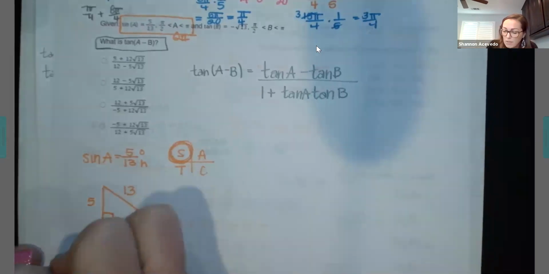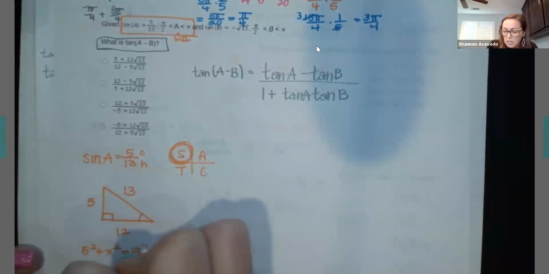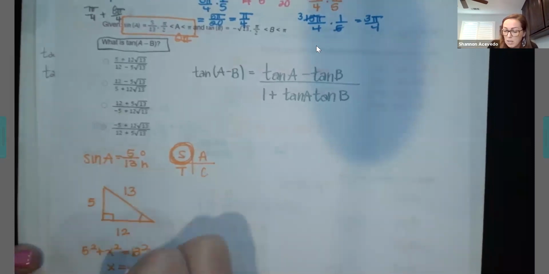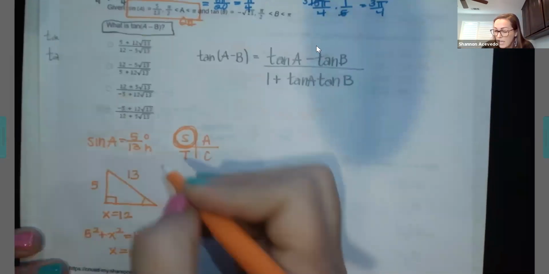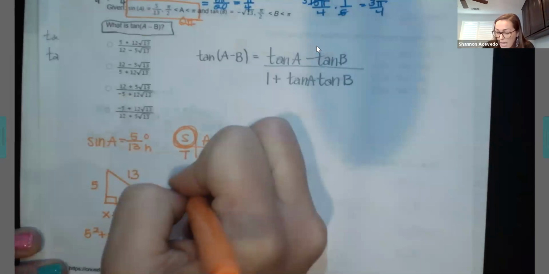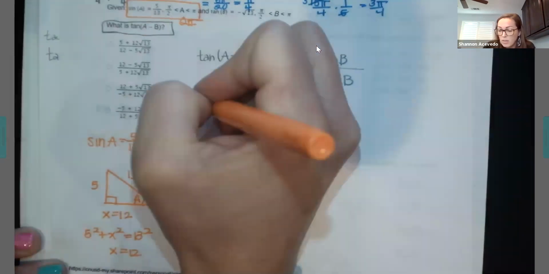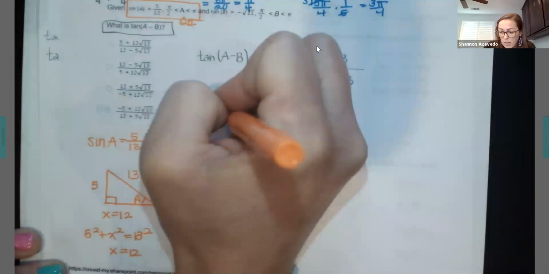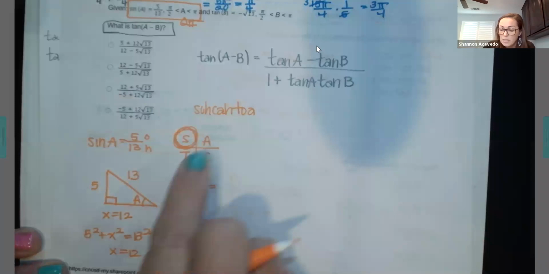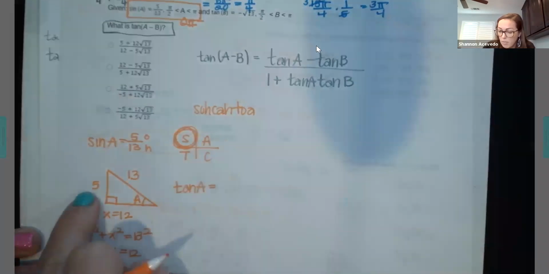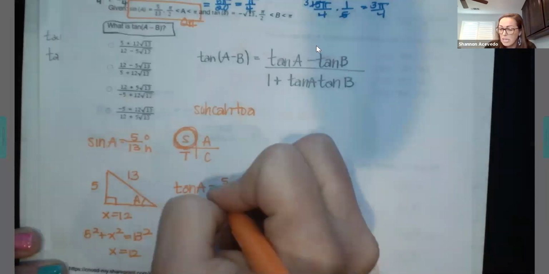I could do 5 squared plus x squared equals 13 squared and solve for that missing side to get 12. Then for tangent of A, remember our SOHCAHTOA? Tangent is opposite over adjacent, so 5 over 12. There's my tangent of A value.